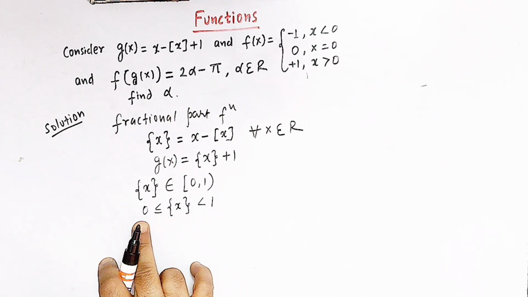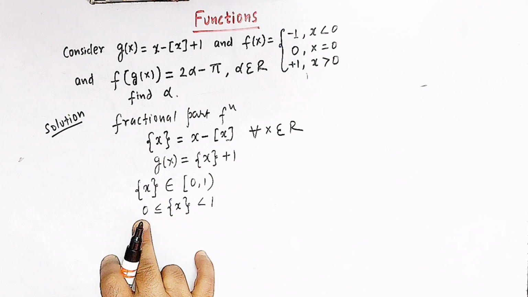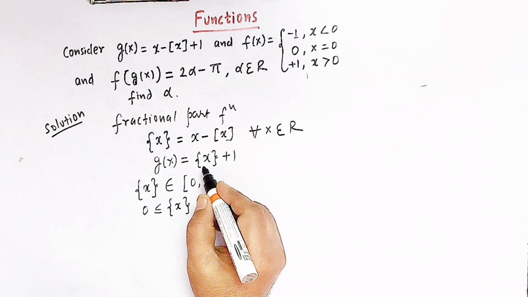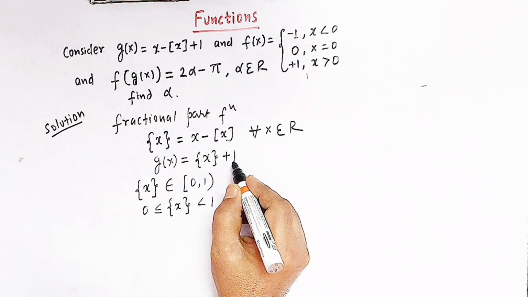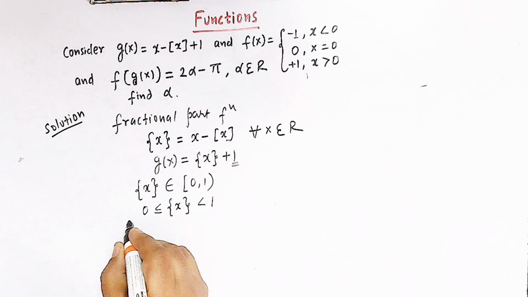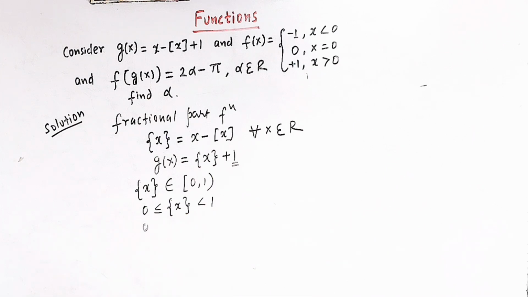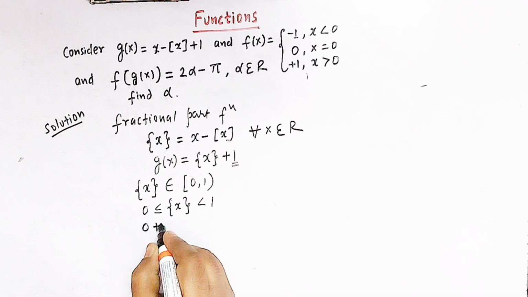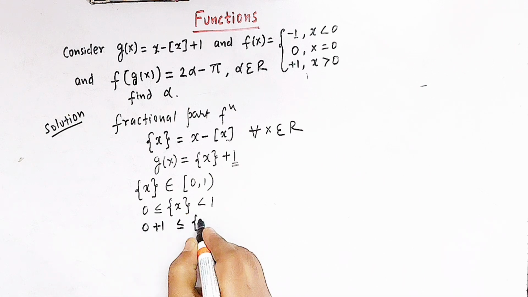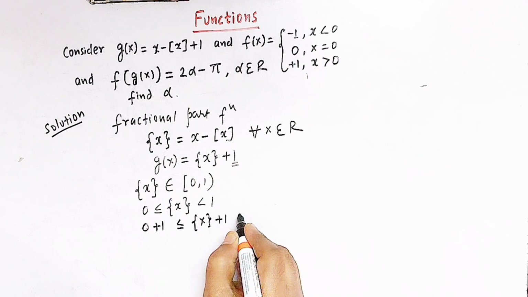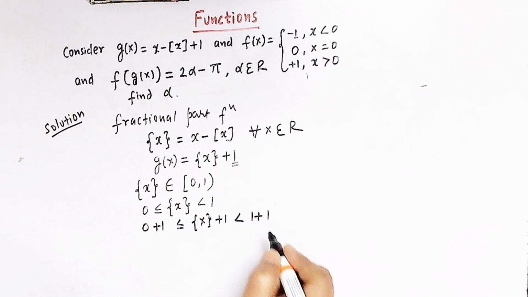Now let us add 1 throughout this inequality, because we have fractional part of x plus 1. Adding 1 throughout, we have 0 plus 1, then fractional part of x plus 1, and then 1 plus 1.